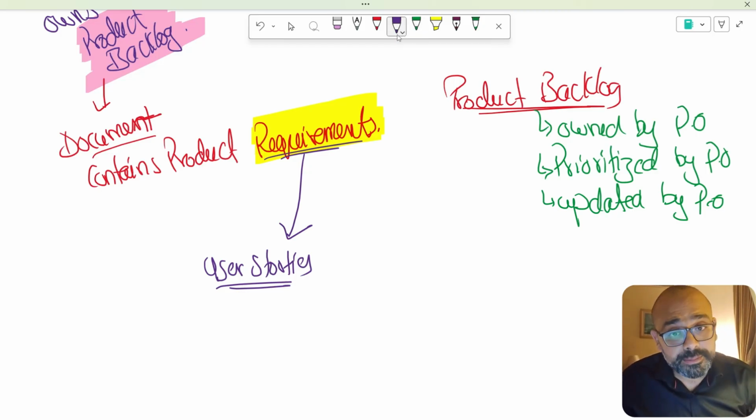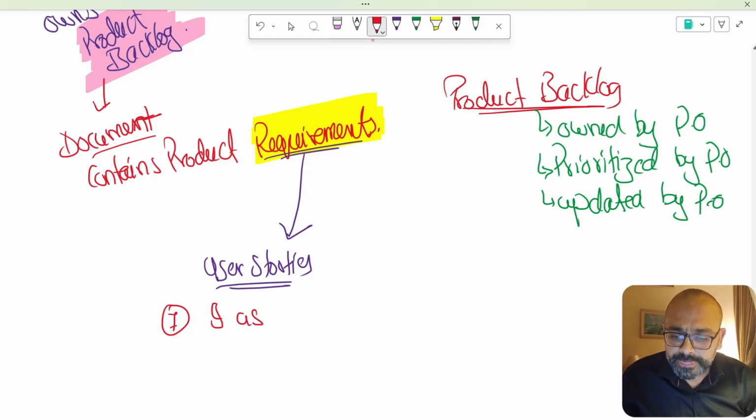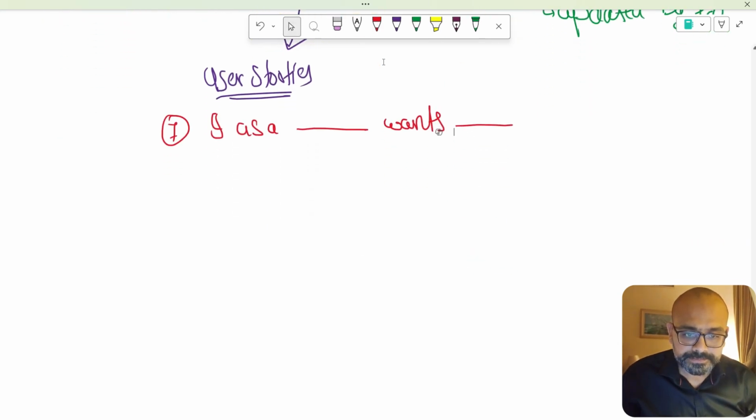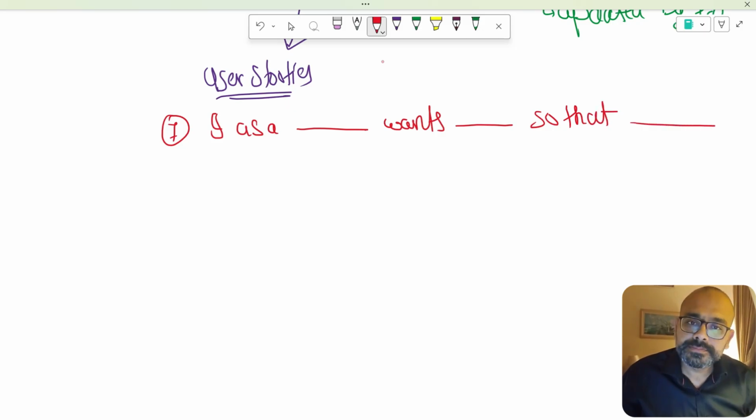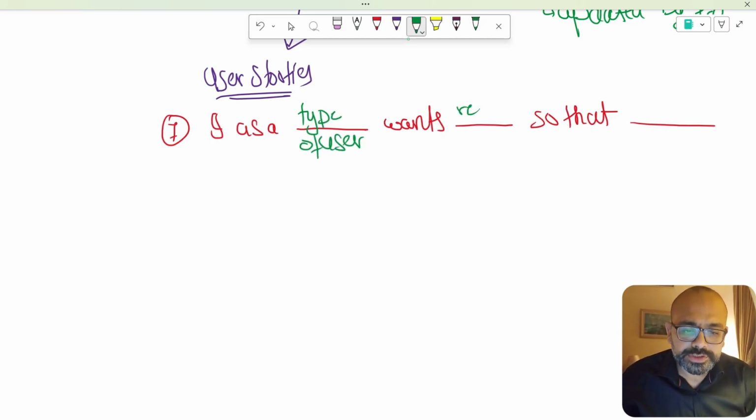There is a specific template for writing a user story, and that template is, for example, this is my requirement number 1. I, as a dash, want this so that this. It means that I, as a type of user, want this particular requirement or goal so that the reason is also mentioned over here.